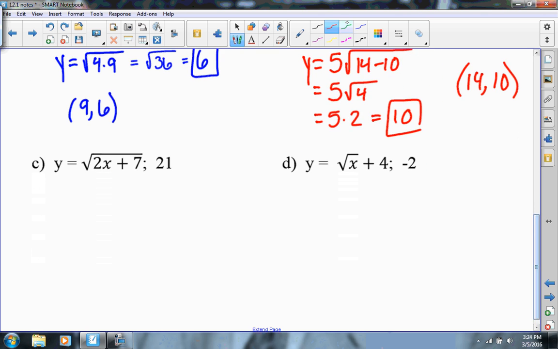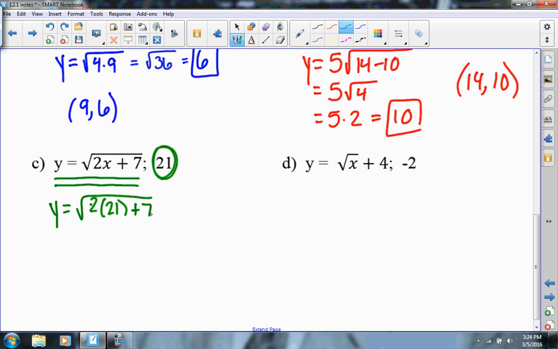And for the last two here I have my function y equals the square root of 2x plus 7, and then the value that we're going to substitute in is 21. So we'll have the square root of 2 times 21, and I'm just going to put that in parentheses when I substitute it in.